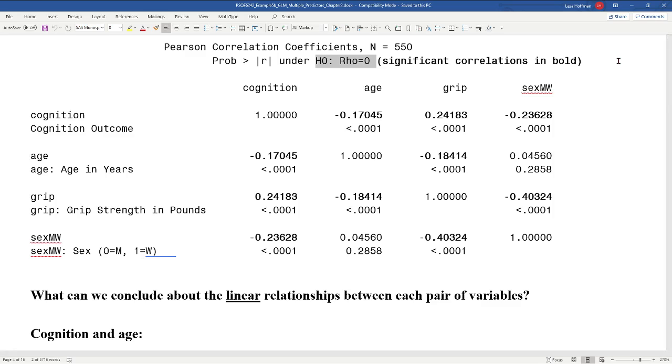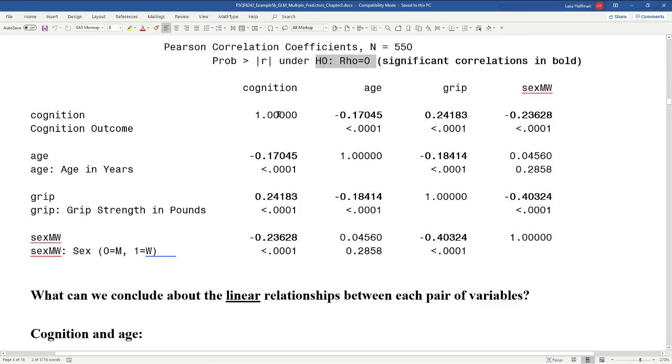And the p-values give us the probability of observing that correlation or more extreme, if the null hypothesis of no correlation were true. So how unlikely is it that we would see these numbers if there was no correlation in the population? That's what the p-values are trying to convey.